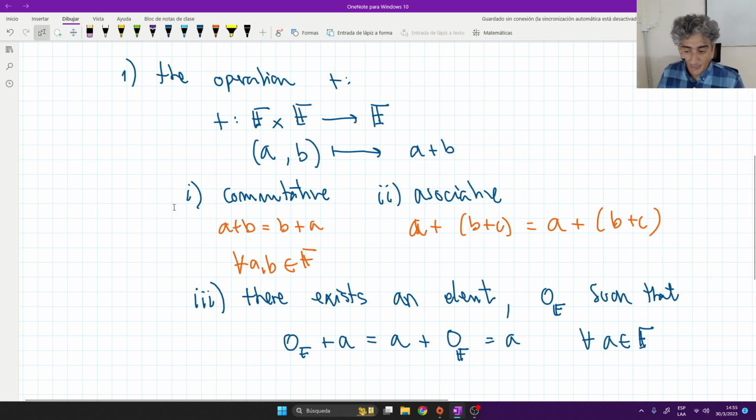Obviously, this element has to play the role as a neutral element for addition, right? So that is, 0 sub F is like the zero number. It's like the zero element.